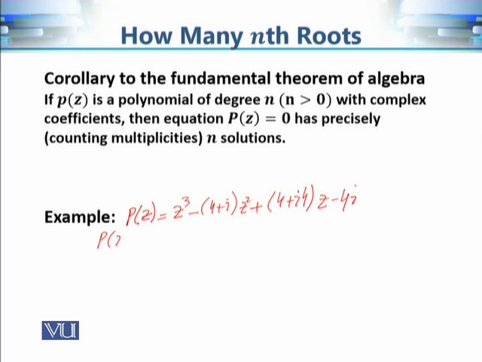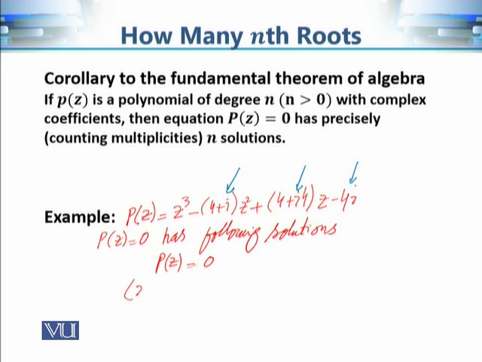Now, as we can see that the coefficients of this polynomial, so for example, minus (4 plus i), is a complex number. Similarly, 4 plus 4i is a complex number, and the constant term minus 4i is also a complex number. Now, the next question would be, what is the solution of the equation p of z equal to 0?